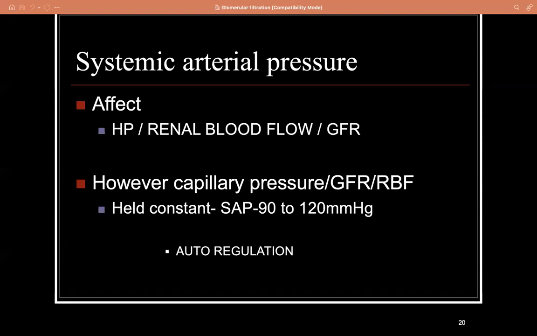But remember, we have said that hydrostatic pressure is directly proportional to the systemic arterial blood pressure. And to some extent, the renal blood flow, if the pressure is high, even the renal blood flow will increase. And of course, if those two increase, we'll find that the GFR increases.